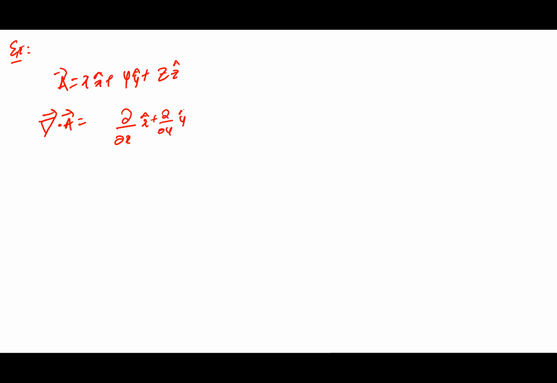We're looking at the divergence. The example we're looking at is the divergence of the vector x x̂ plus y ŷ plus z ẑ. So if I want to calculate the divergence of this, then I do dou by dou x plus dou by dou y plus dou by dou z, dot product with x x̂, y ŷ, z ẑ.